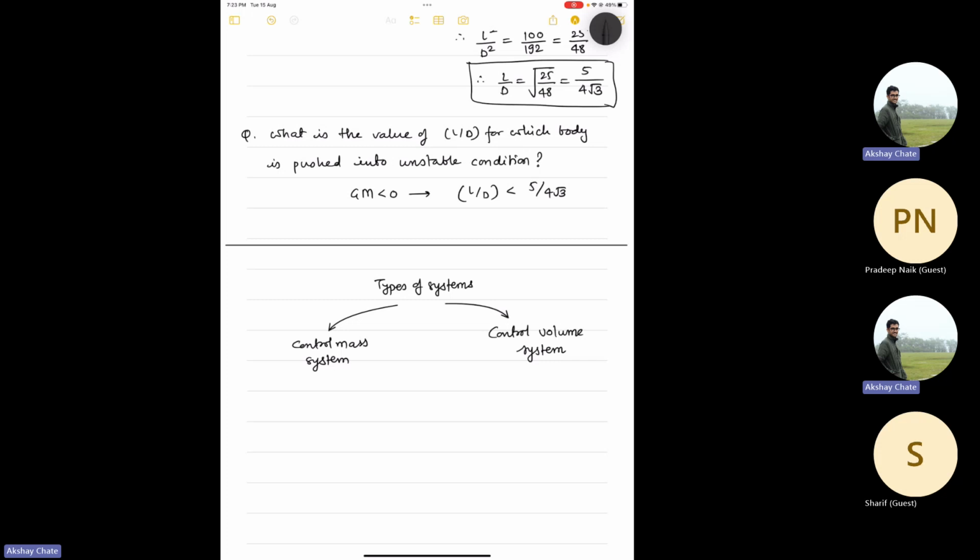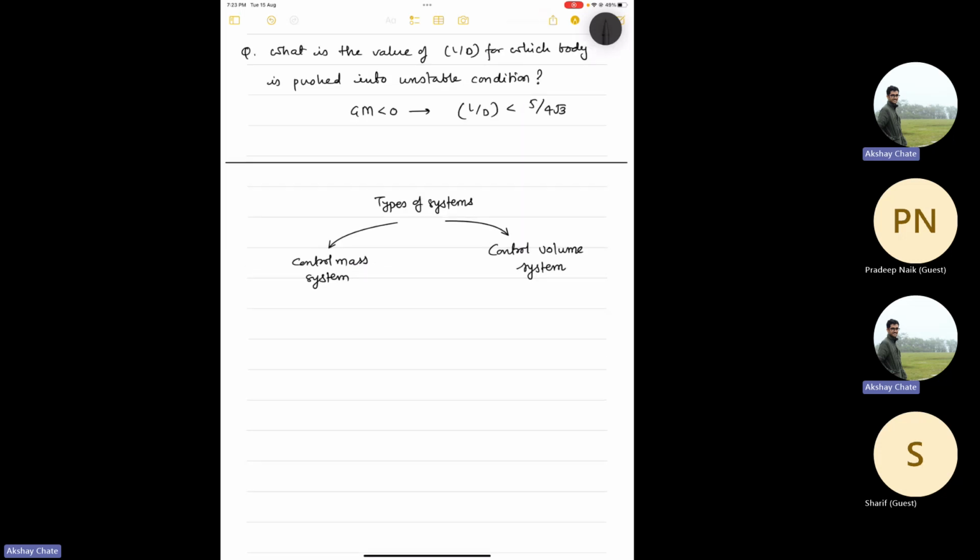As the name suggests, the control mass system has the identity of mass that is inside the system.